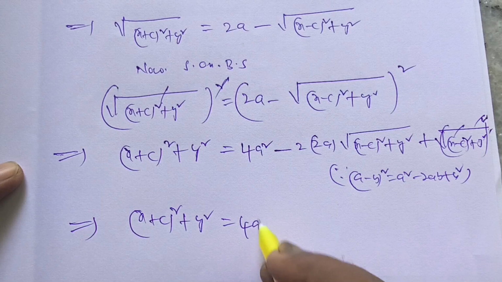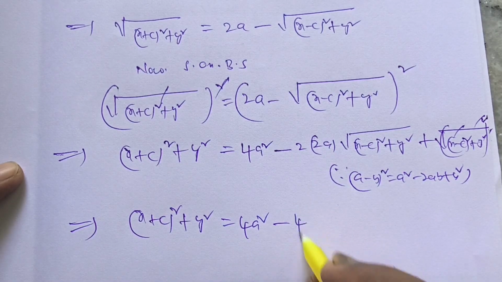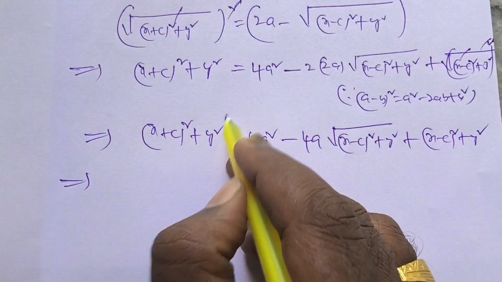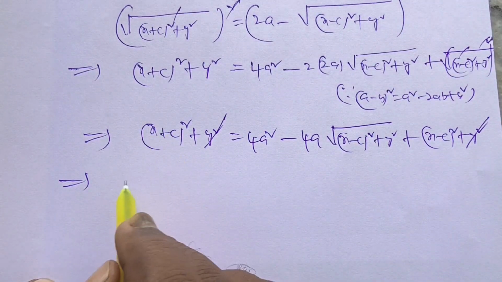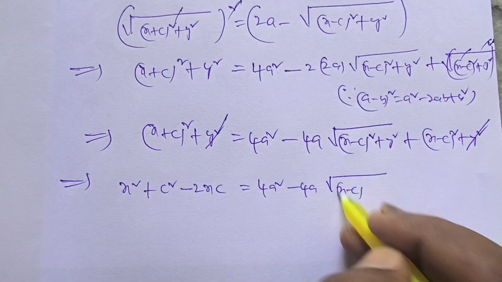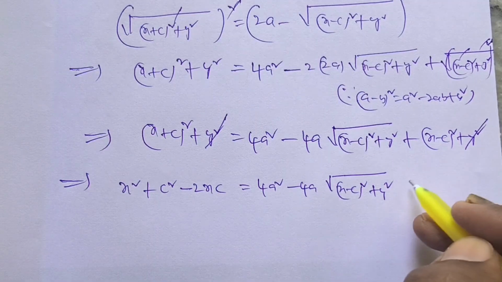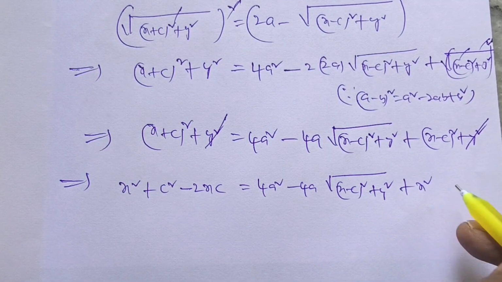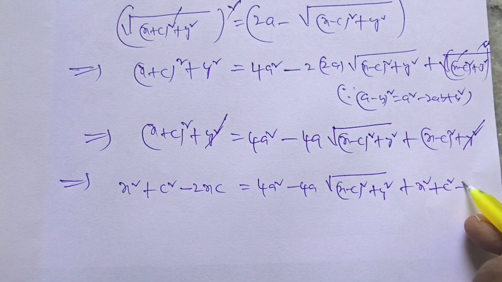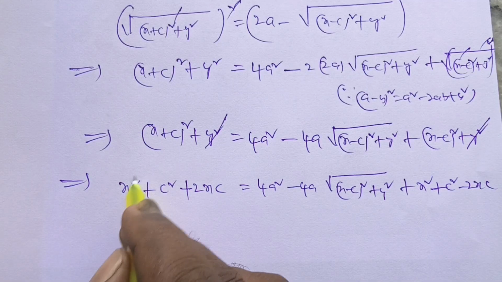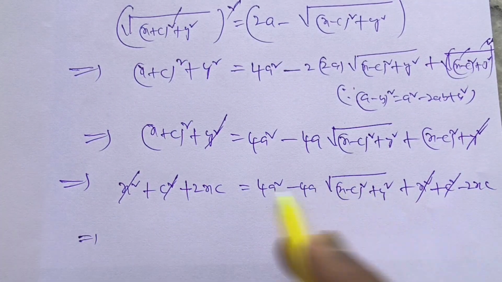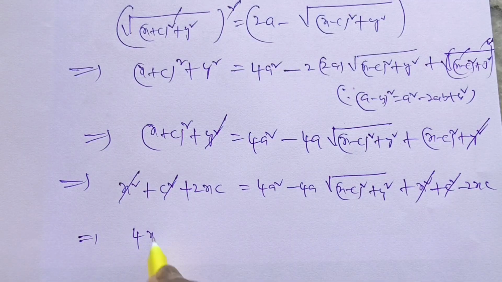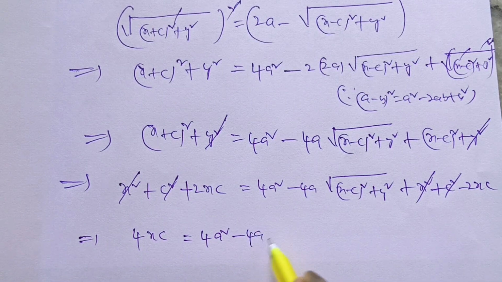Now (x plus c) whole square plus y square equals to 4a square plus 2 into 2a means 4a, and the remaining part is same. Now on both sides y square is cancelled, the remaining part is x square plus c square plus 2xc equals to 4a square minus 4a square root of (x minus c) whole square plus y square, and the remaining part is same, by using the formula (a plus b) whole square or (a minus b) whole square.